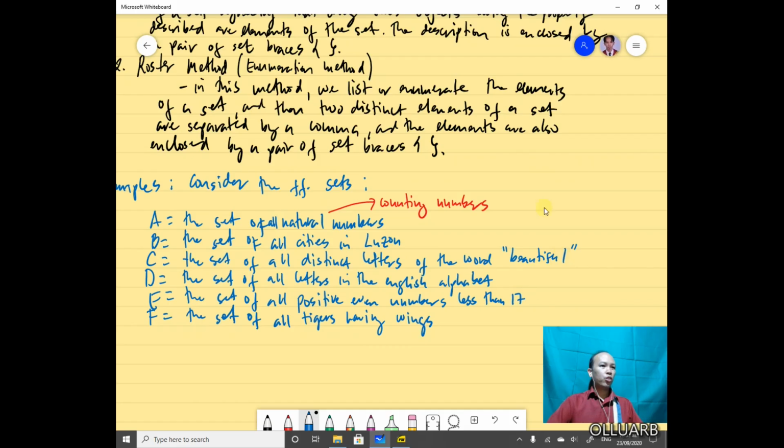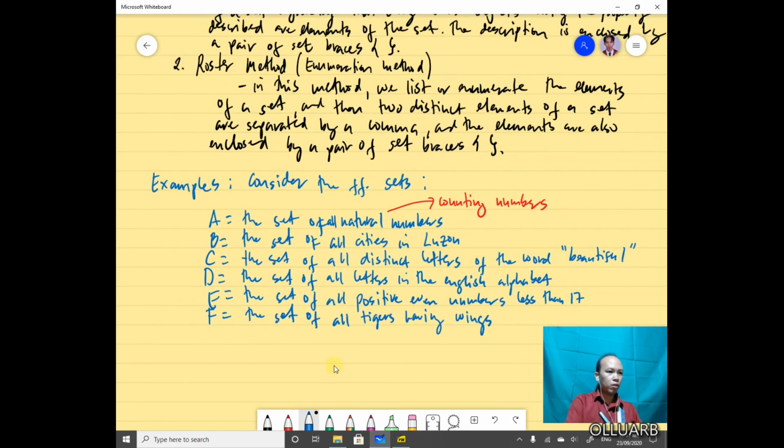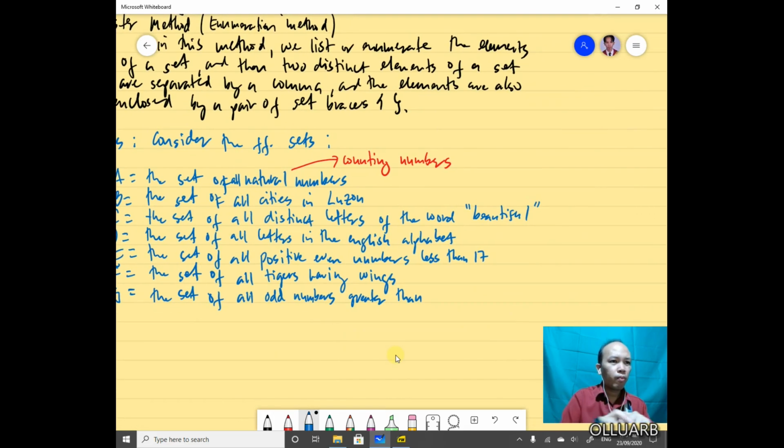Okay, so yeah, let's say we have another set G, the set of all odd numbers greater than 3 but not less than 16.